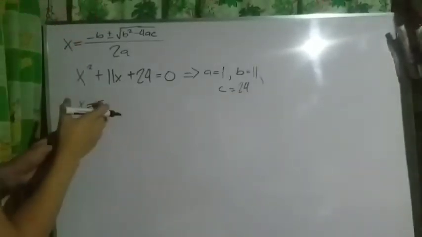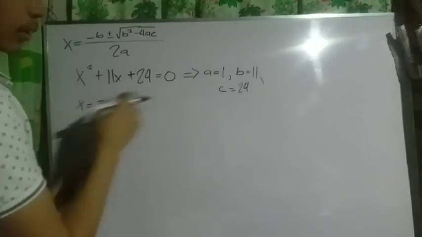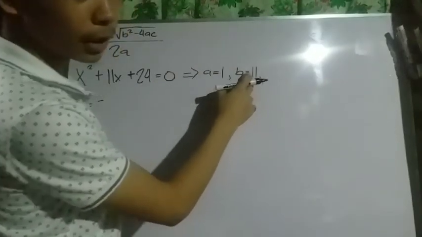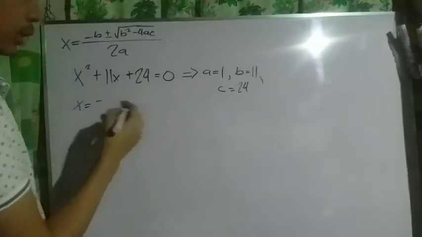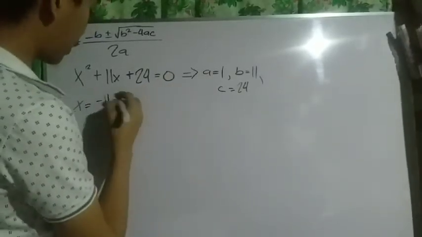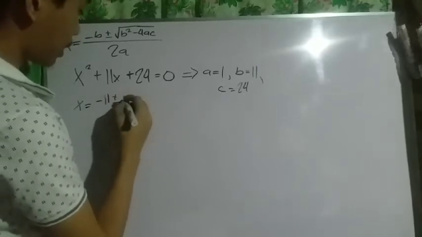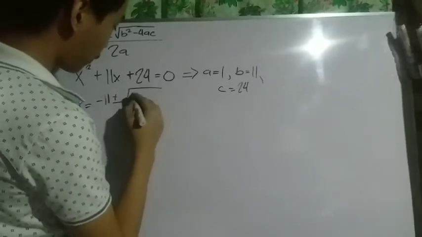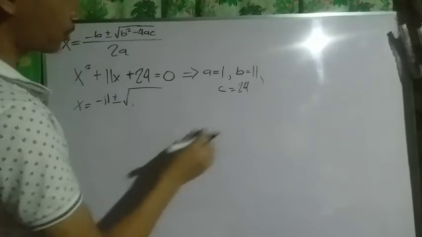So the negative b is negative 11. As you can see, the 11 is positive, so you will make it negative. You will multiply negative times positive 11, so it will result in negative 11. So plus or minus square root of b squared, which is 11.